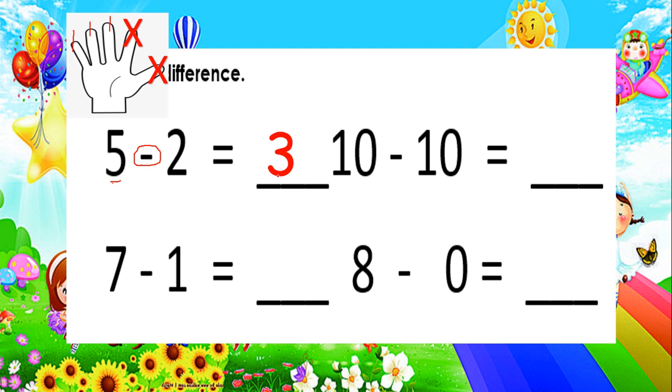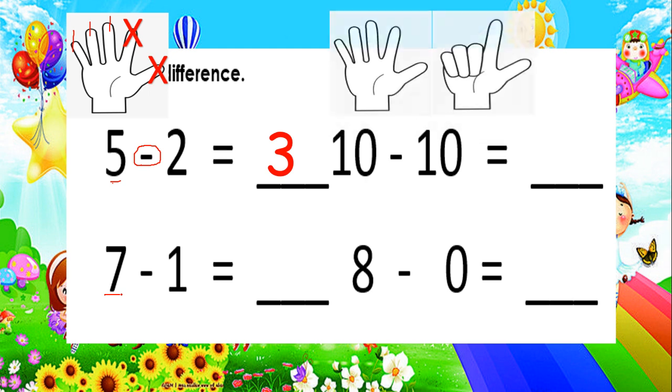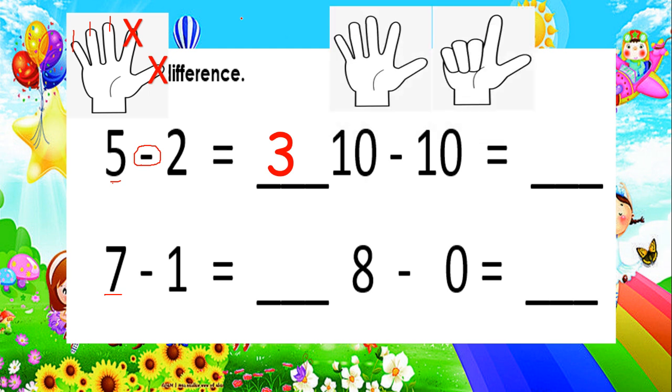Good. Okay, so this time let's go to the next one. 7 minus 1. Okay, so again, raise your 7 fingers like this. Okay, you have 1, 2, 3, 4, 5, 6, 7. Okay.